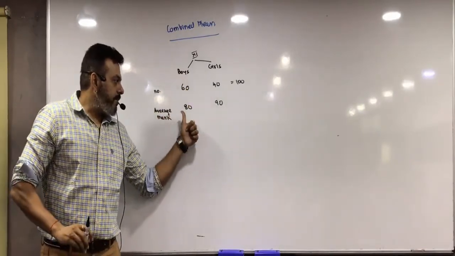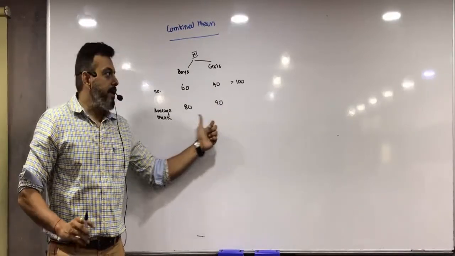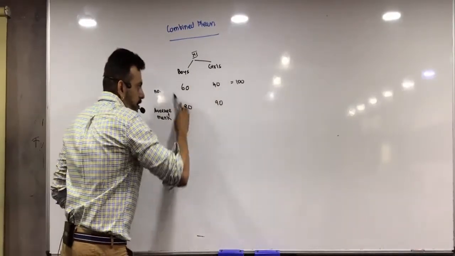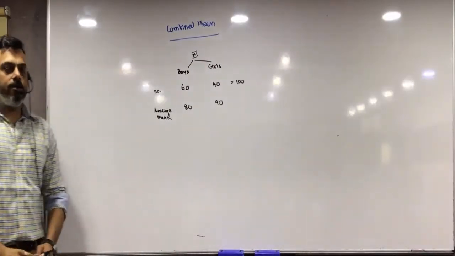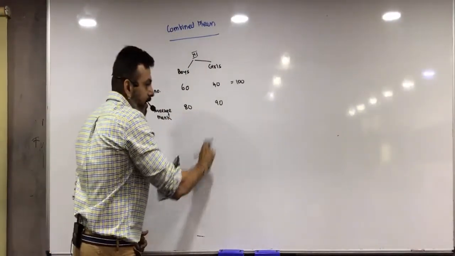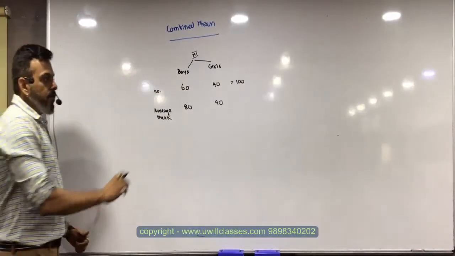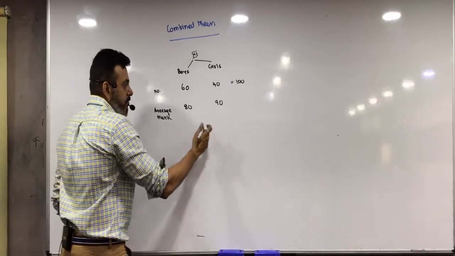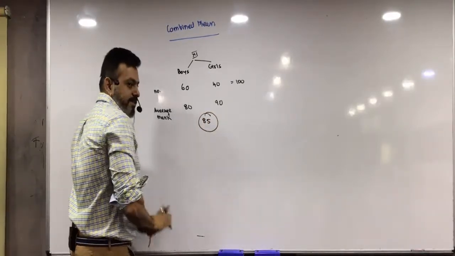Boys' average marks are 80, girls' average marks is 90. I want to find the total. What is the average of this whole class, 11th standard? So can I do over here 80 plus 90 divided by 2? No, we cannot do. If we do 80 plus 90 divided by 2, it will be 85. Okay, I'll keep this. We will check.